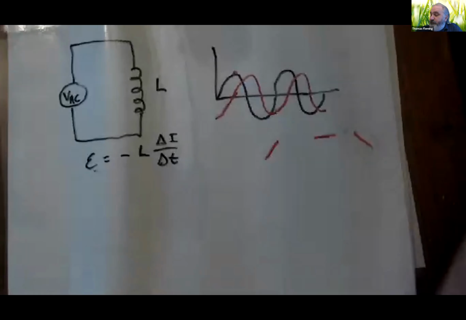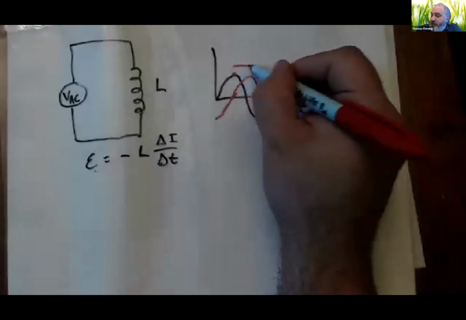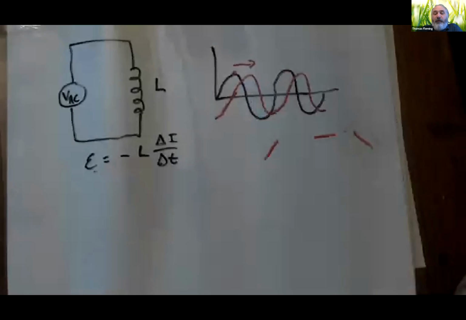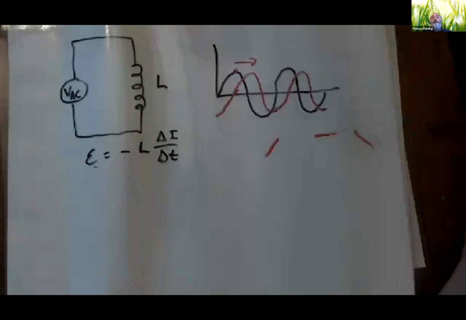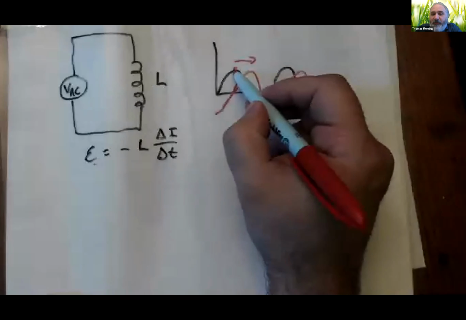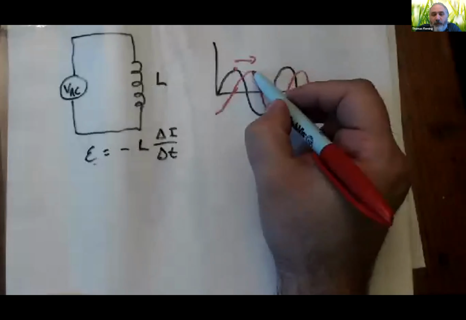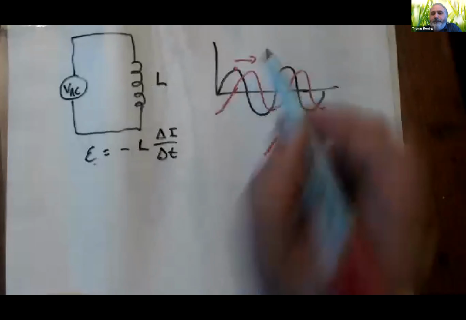a curve, and again, it looks like it's been shifted out of phase a little bit. And in fact, it's been shifted 90 degrees out of phase, but unlike the capacitor, it's been shifted 90 degrees the other direction. Here, the voltage is hitting its peak, and then a little bit later, the current hits its peak.